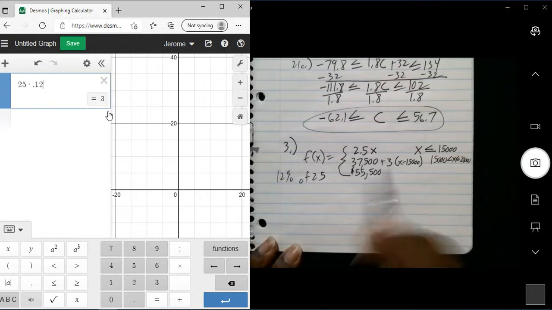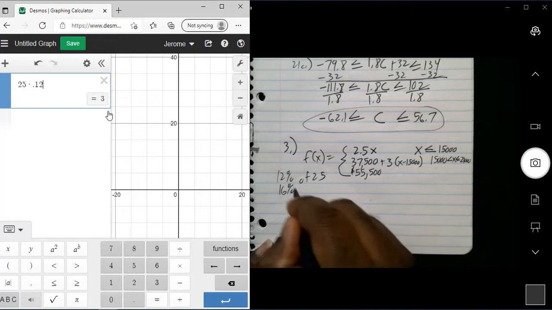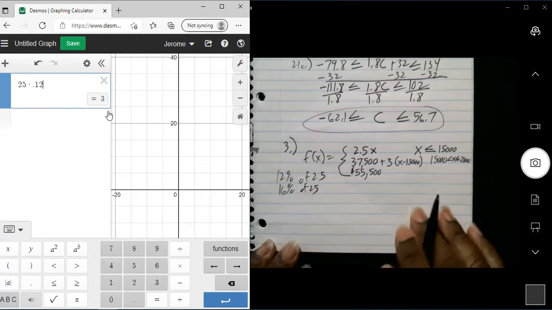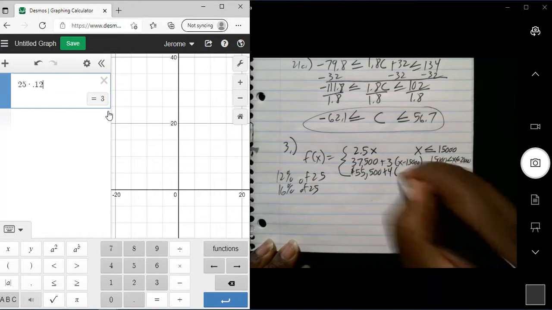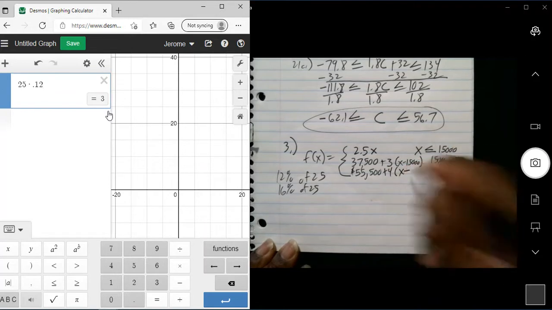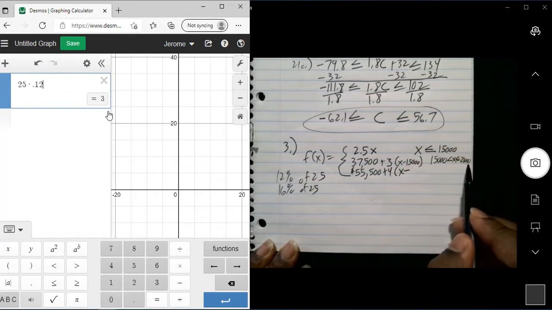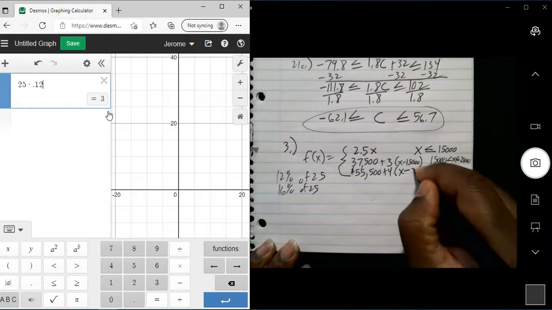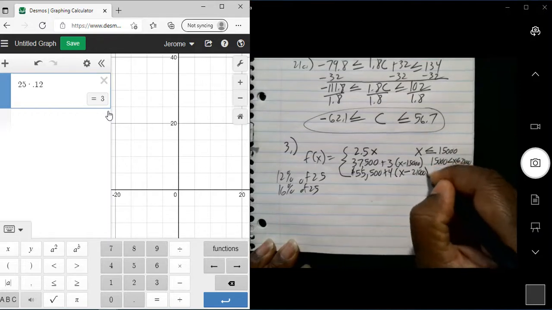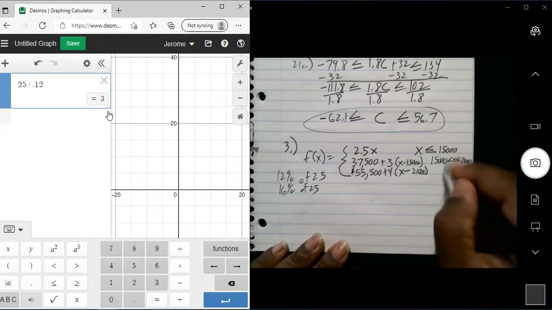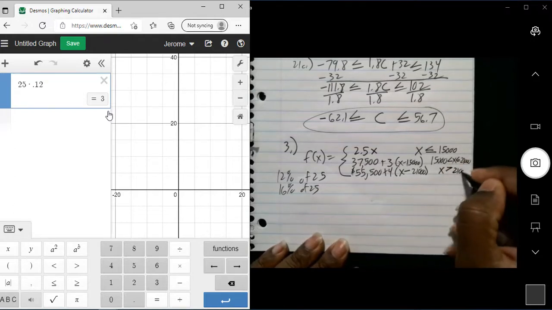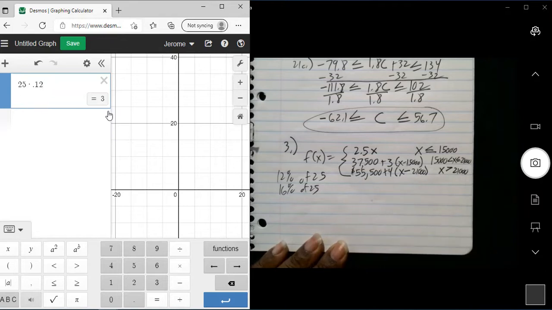So if you did 16% of $25, that would give you 4. So it'd be plus 4 times x minus the most amount of copies that you sold previously, which was 21,000. So it's x minus 21,000. And then the rule is anything over 21,000 would be at this rate here.